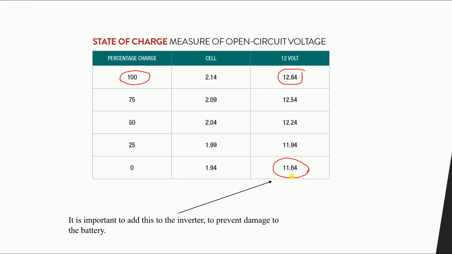If the battery reaches 0% and you start taking energy from it, it will be destroyed. You cannot take more than 0% of the battery. It still has some voltage, but if you take more than this, the battery will be damaged. So make sure you don't exceed 0%.